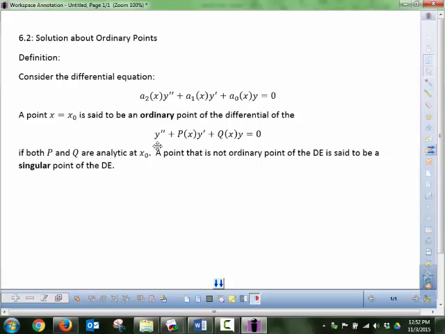It's linear, and the coefficients don't have to be constants, but when we start off, they'll be constant coefficients.